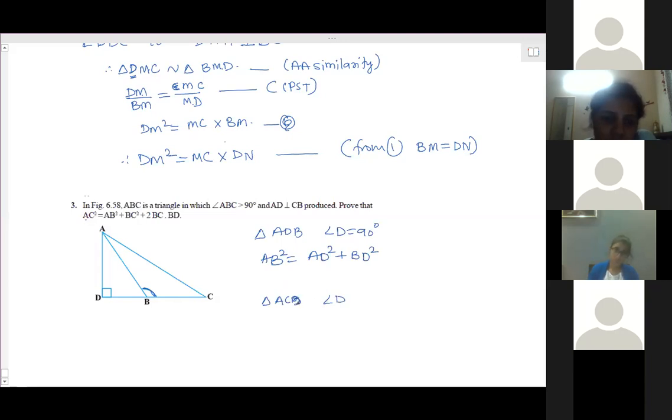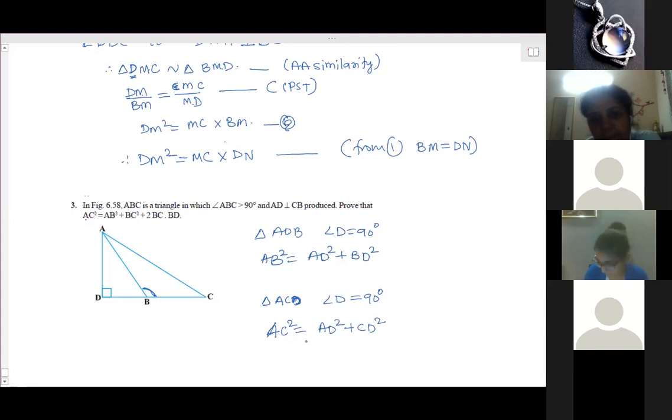ACD, not B. Angle D is 90 degrees. So AC square is equal to AD square plus CD square. Is that right? Yes, ma'am. Then find the value of AD square from this equation, because we don't need AD, we need AB.